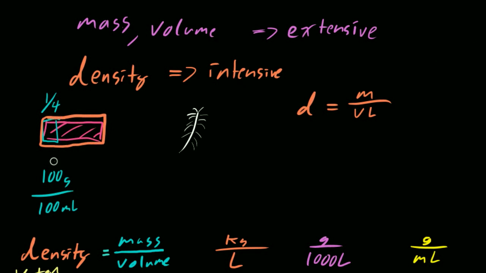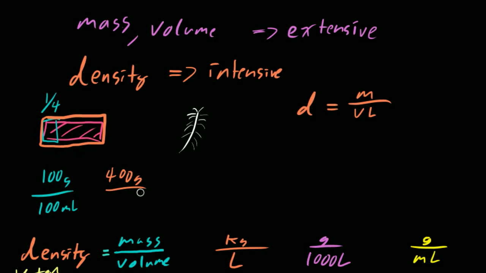If a quarter of the brick weighed 100 grams, what would the mass of the total brick be? Well, it's going to be 4 times that, right? It's going to be 4 times 100 grams. So we could say that the mass of the total brick is going to be 400 grams.